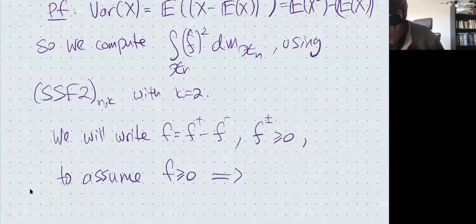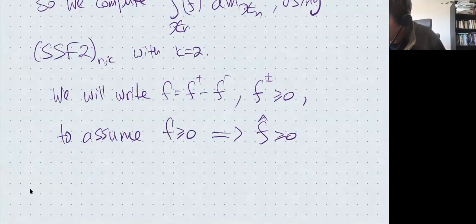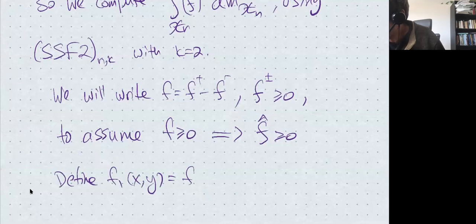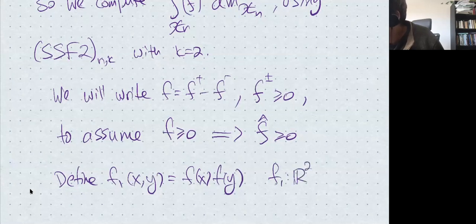This means that f hat is also non-negative, because the transform is order preserving. And let's define f1 of x, y to be f of x times f of y, as we did in the previous proof. f1 is a function on 2n variables.